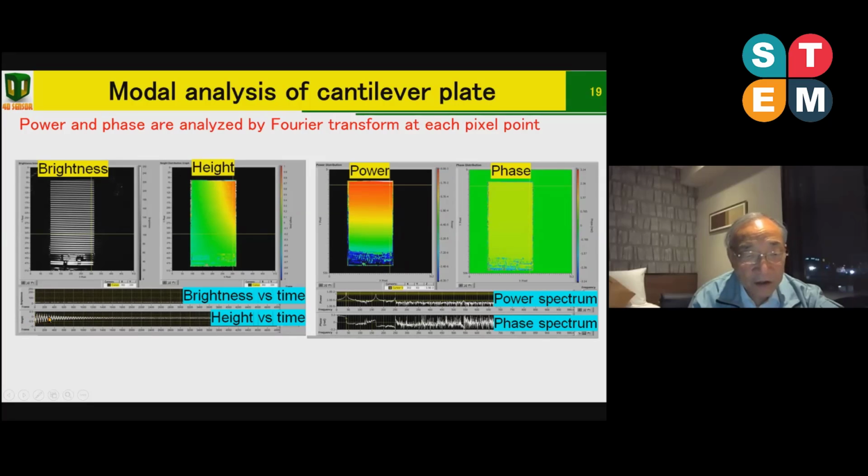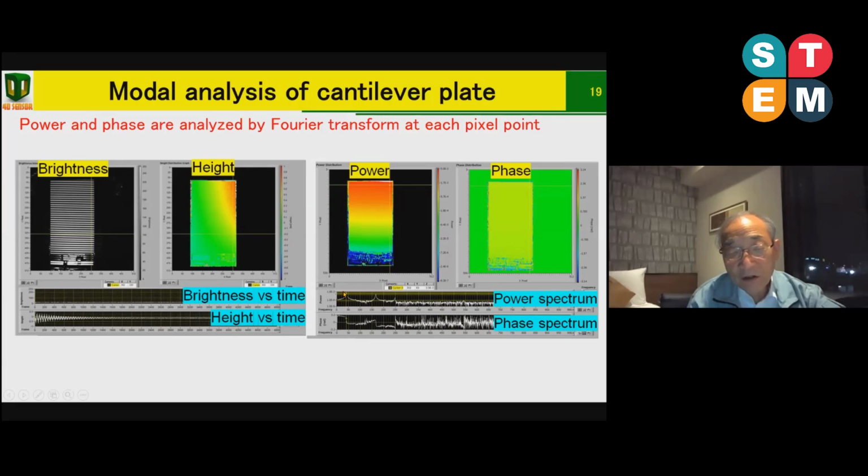So height is changing like this. By analyzing this wave using Fourier transform, we can obtain Fourier spectrum like this. This direction shows the frequency, and this direction shows the power. Power is the scale of amplitude.